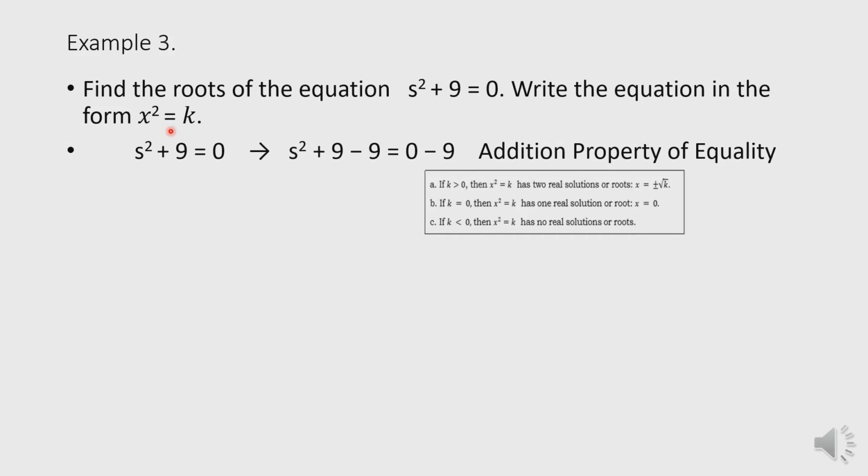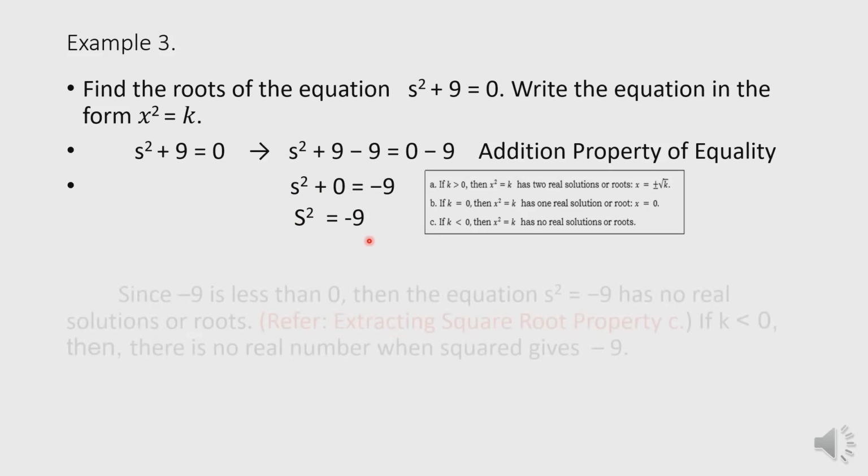So in here, if we apply the addition property of equality, adding negative 9 to both sides, that becomes x squared plus 9 minus 9 equals 0 minus 9, or x squared plus 0 equals negative 9, or x squared equals negative 9.